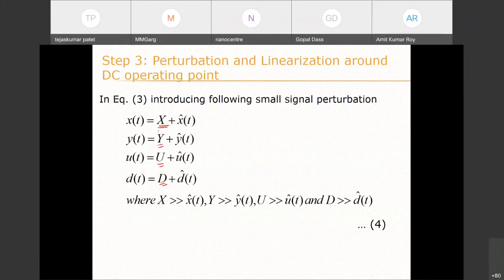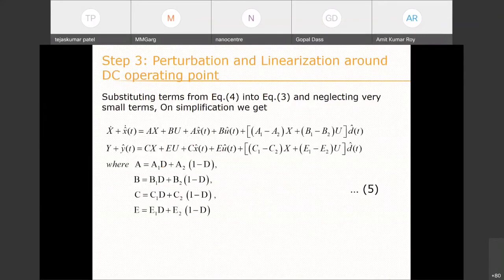When we do averaging, we get a nonlinear average large signal model. Now we linearize this nonlinear model by introducing small signal perturbations around the DC operating point. We know that our converter will mostly be working around some steady state operating point, so around that we introduce some perturbations.